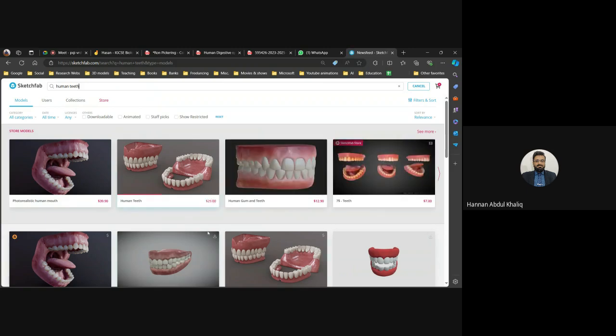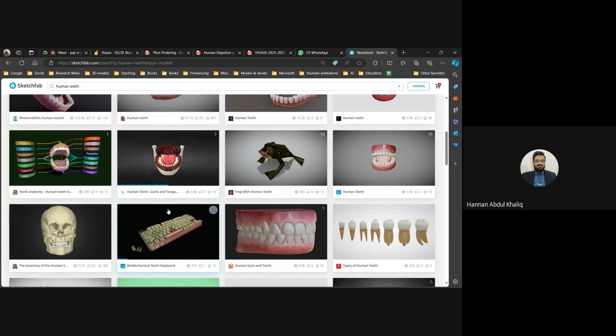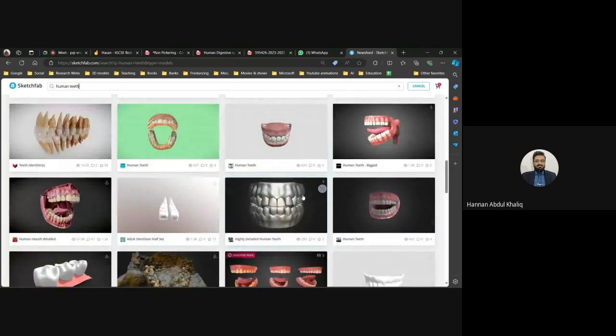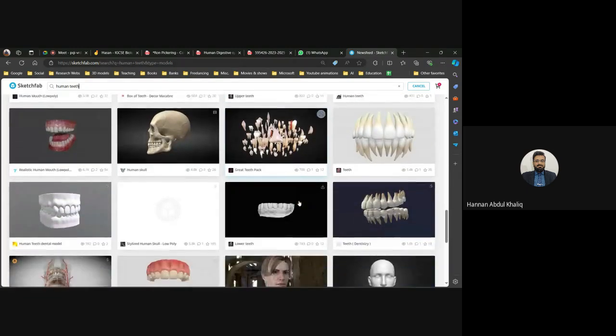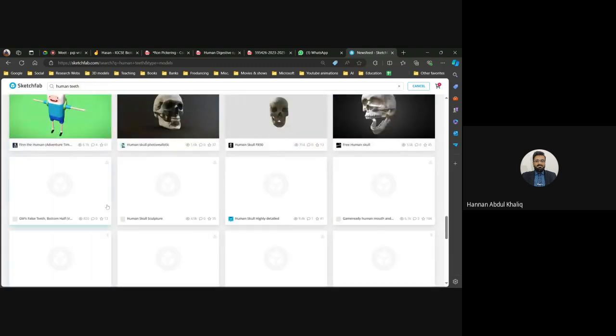Okay, so this is the whole jaw. You can see over here all the teeth, shapes of all the teeth and everything. I'm just trying to find the diagram in which we can study the internal structure of the tooth.